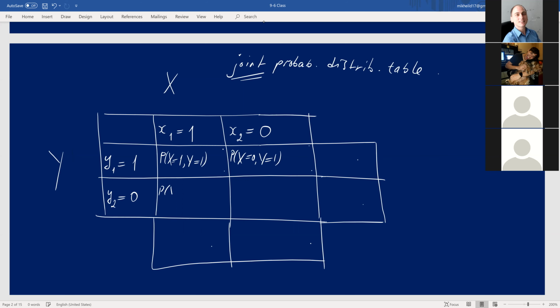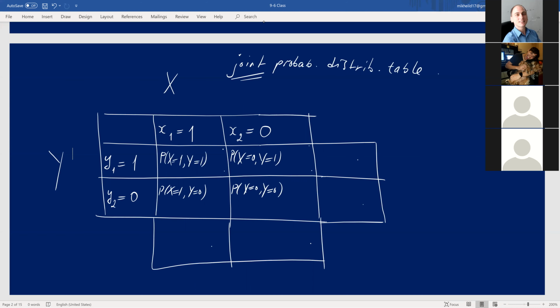The probability that X equals 1 and Y equals 0. And the probability that X equals 0 and Y equals 0. These are clearly joint probabilities, so that's why we call this a joint probability distribution table.